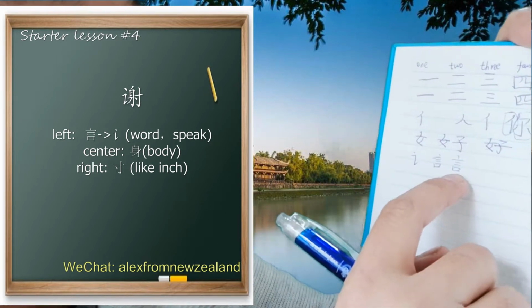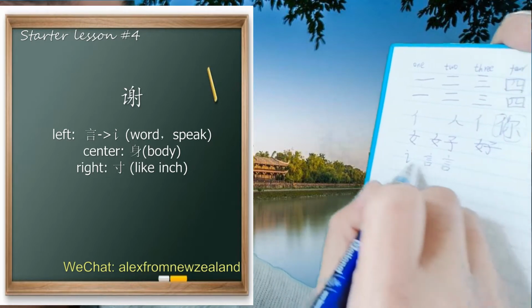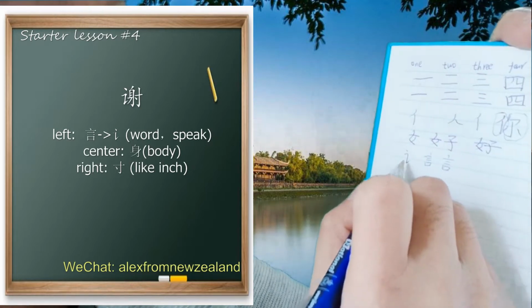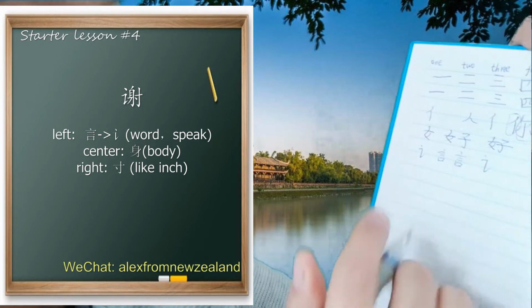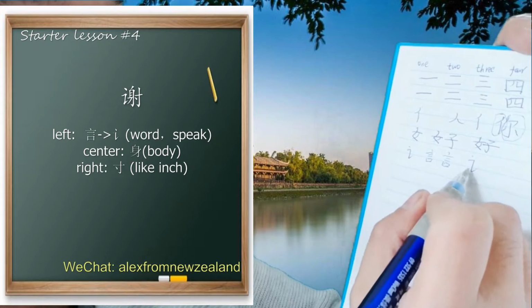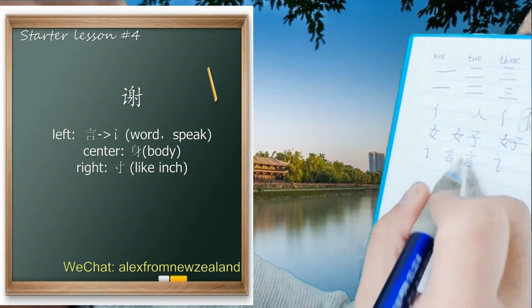So it's related to talk, right? So it has a 言 component. Okay, 言. This one is a simplified Chinese. It's a transformation of this one.